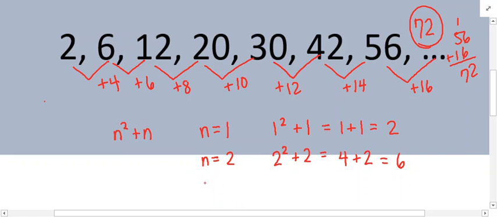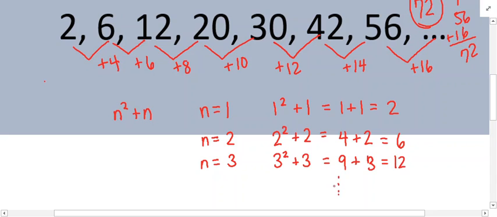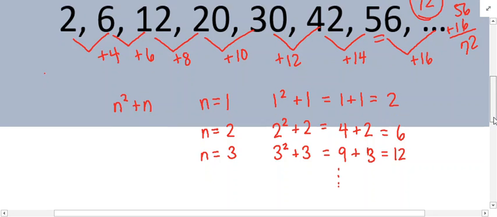If I keep going, and I want the third term in the sequence, I bump up my number to 3. Plug in 3. 3 squared plus 3 is going to give me 9 plus 3, which is 12, and I could keep doing this. For example, if we wanted the 56, that's the first, second, third, fourth, fifth, sixth, seventh term in the sequence.